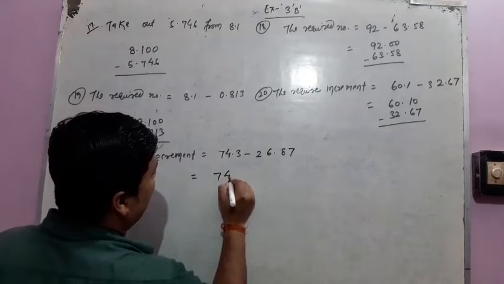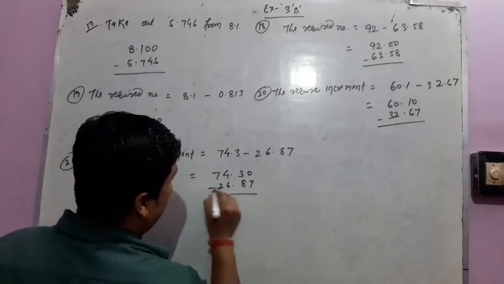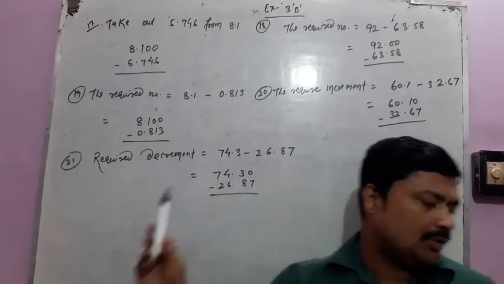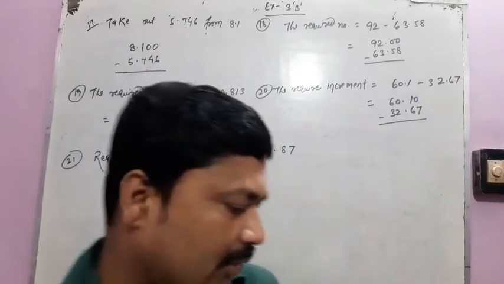So here we have to convert them first into like decimals, and then we have to solve it by subtracting. So in the same way, you can solve up to question number 17 to 21. Now the last question is 22 that we have to look here.